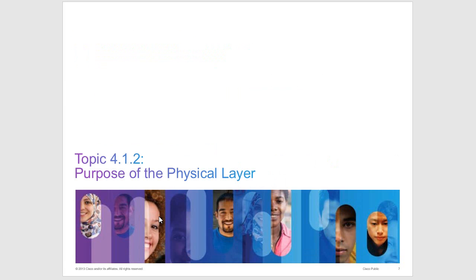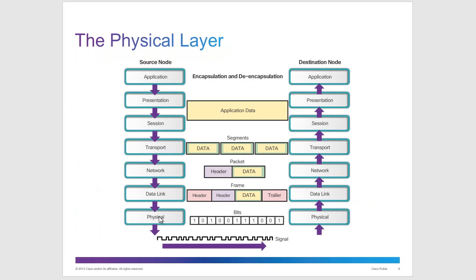Okay, the purpose of the physical layer. If we look at the OSI model here, the application and presentation layers send data on down as it's encapsulated and de-encapsulated. Down here with the physical layer, we are taking our data link frame and turning it into bits to send along our network media.